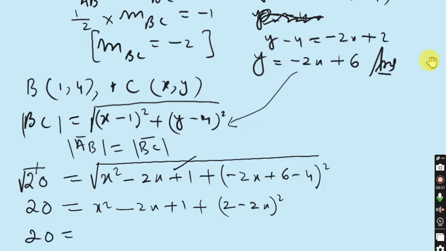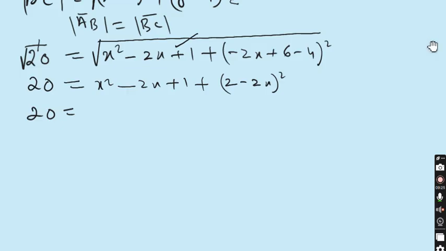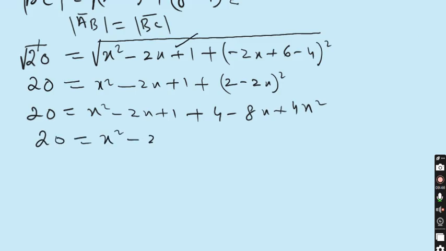20 is equal to x square minus 2x plus 1 plus (2 minus 2x) whole square. Apply the (a minus b) whole square formula: 4 minus 8x plus 4x square. 20 is equal to x square minus 8x minus 2x is minus 10x, and 4x square plus 1x square is 5x square, and 4 plus 1 is 5.